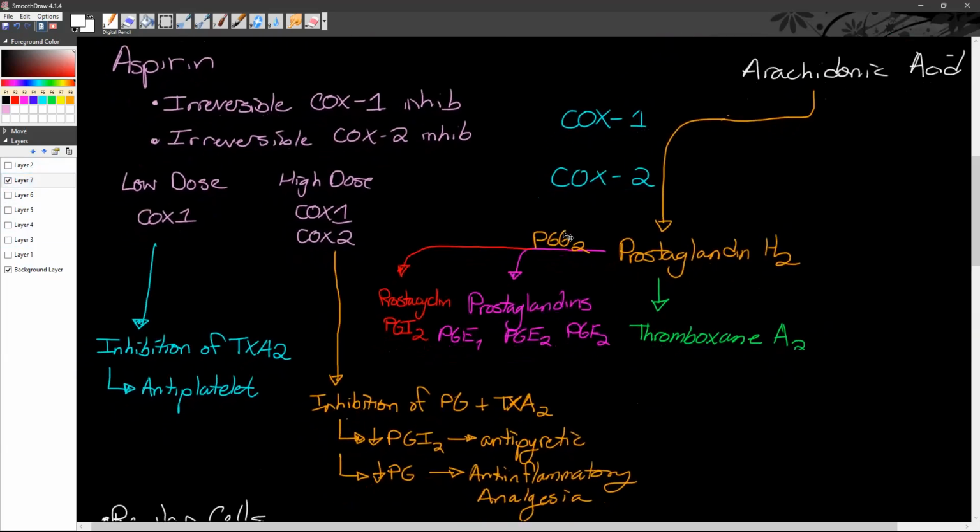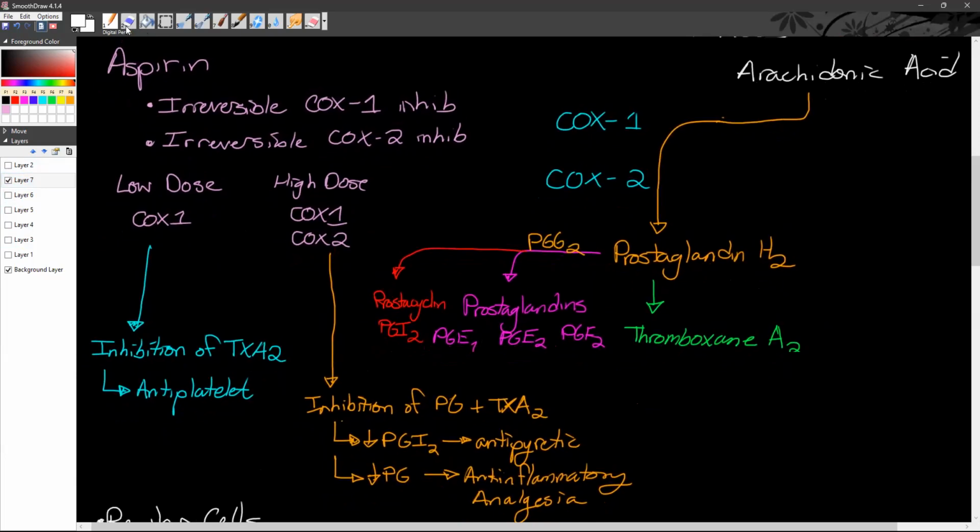So just to review where we were, previously when we talked about arachidonic acid metabolism, we talked about how arachidonic acid is metabolized through the COX enzymes, enabling us to create thromboxane and then all of our prostaglandins.